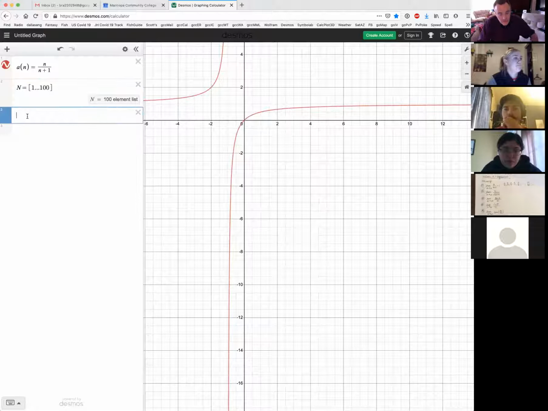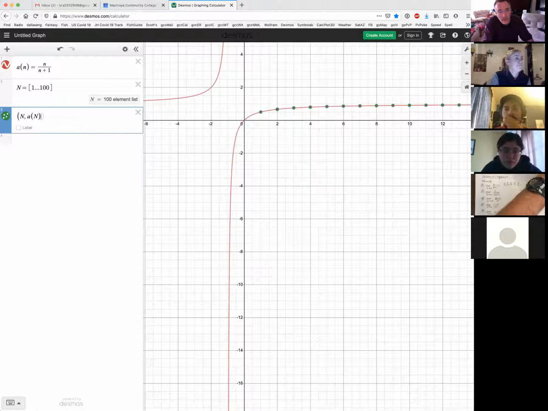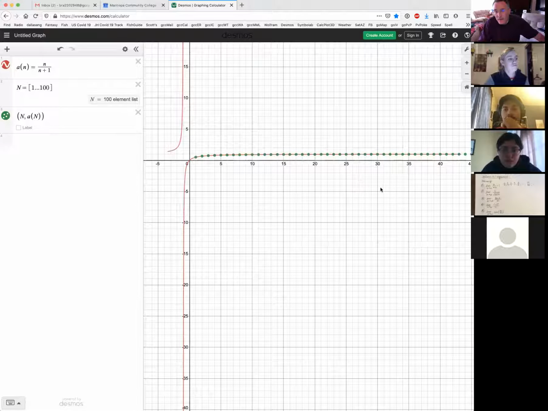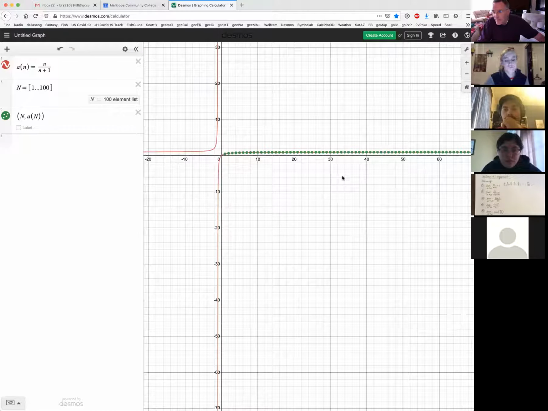And then we're going to graph the dots n and A of n. Okay, and so here is the graph of our sequence. It's going up like this. So then you go way out here and you say, well, it doesn't look like it's going up and up and up, although it's always increasing.